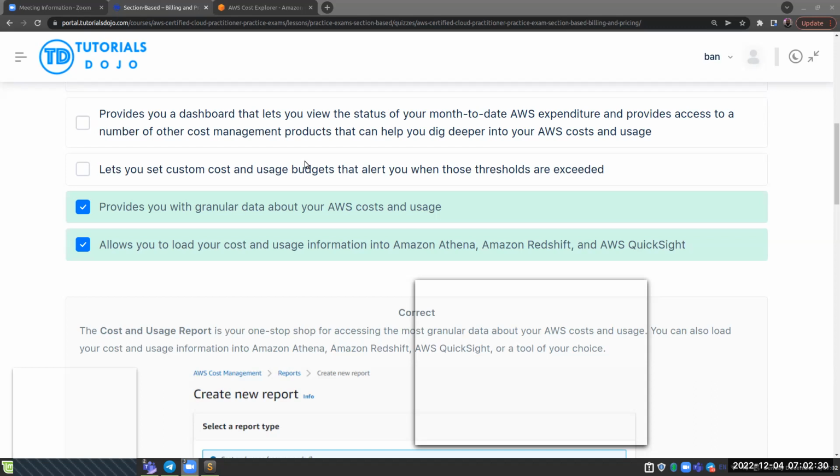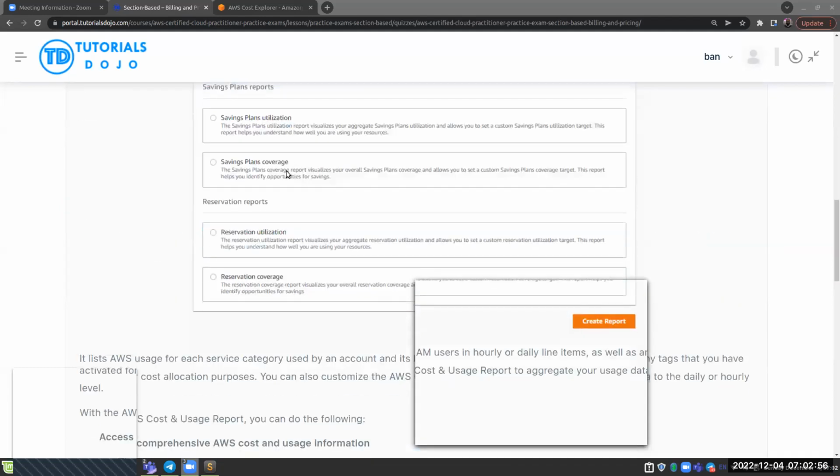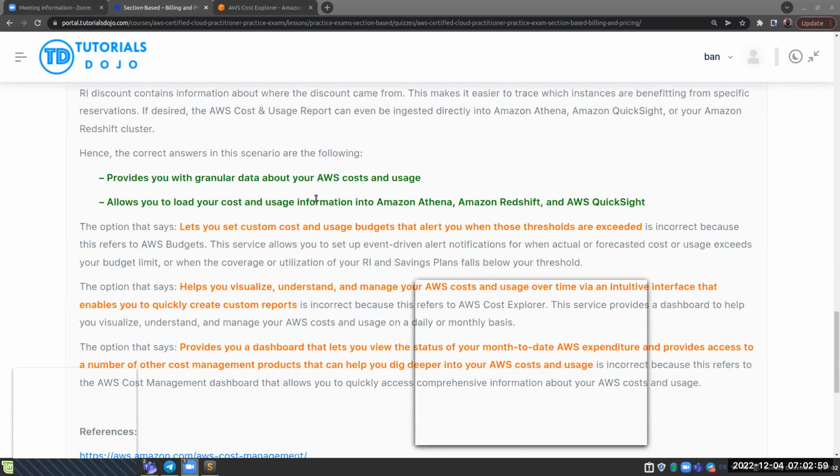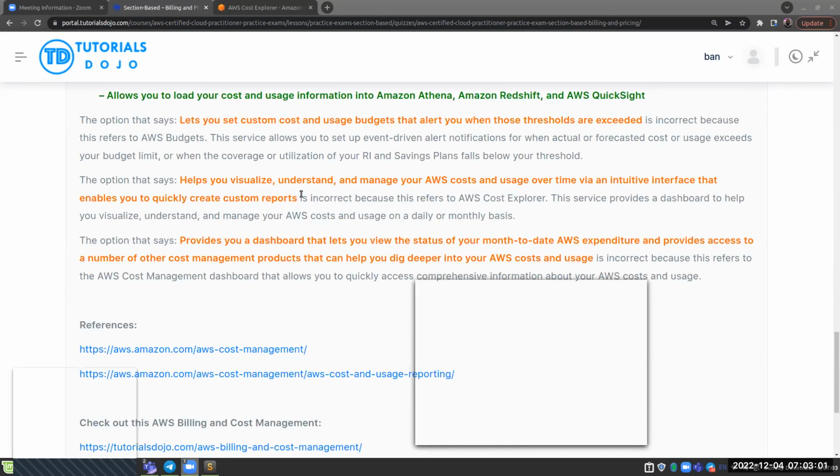So we just reviewed that as well, right? When you want to centrally manage multiple accounts, that's Organizations, and there you can have the consolidated billing feature. But when you want to set cost and usage budgets that alert you when those thresholds are exceeded, that has to do with AWS Budgets, right?